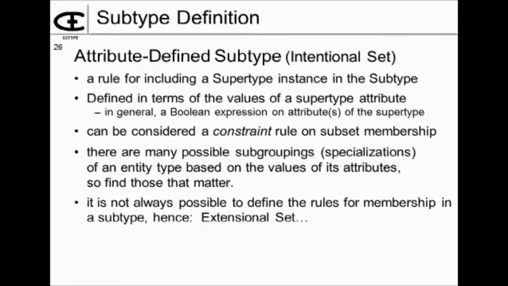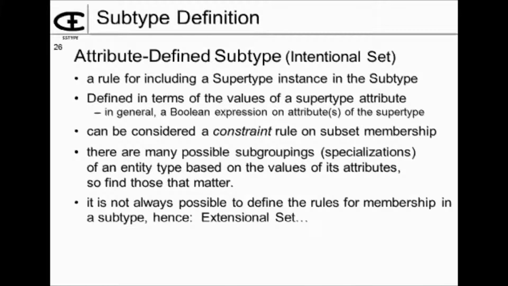In general, if we have a defined rule for membership in a subtype, this is called an intentional set. The subtype is considered as an intentional set. We have a rule for including the supertype instance in the subtype. We define it in terms of the values of supertype attributes. In general, it could be a Boolean expression across any number of the attributes.